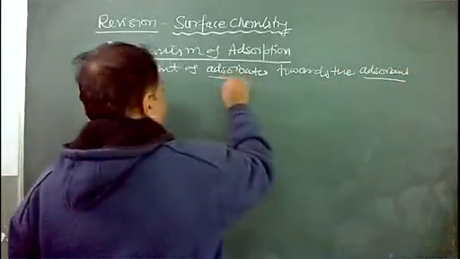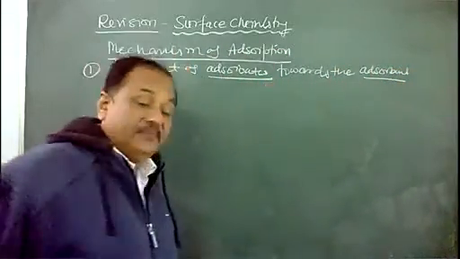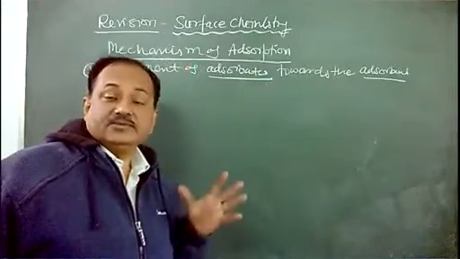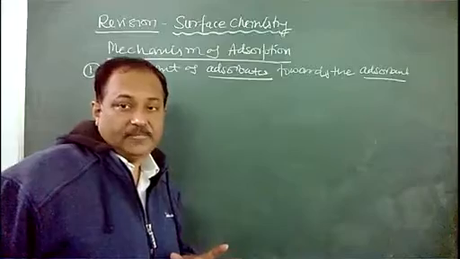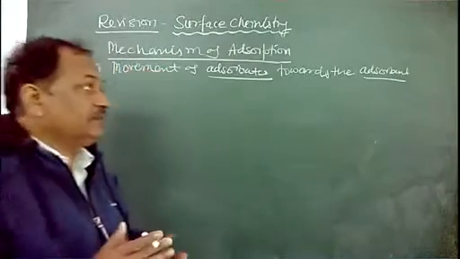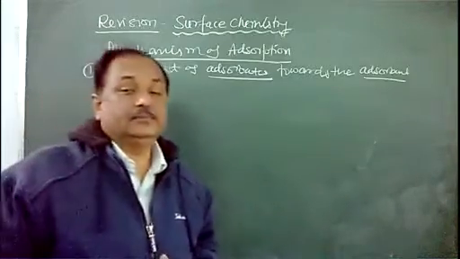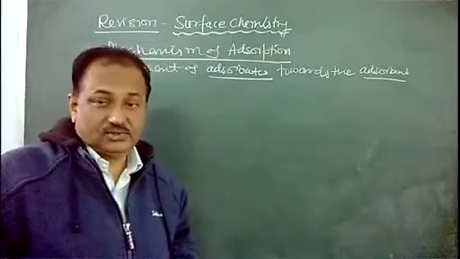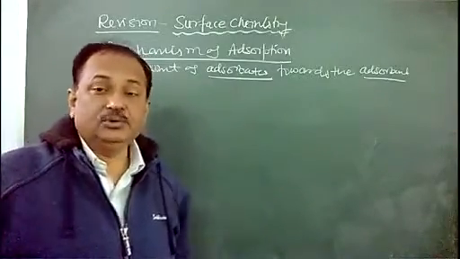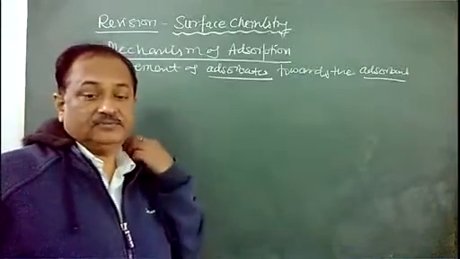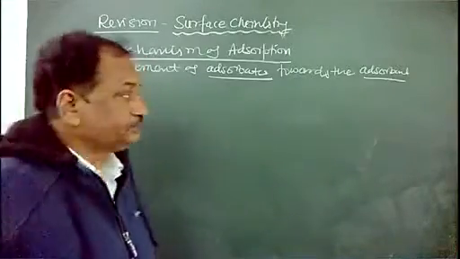Movement of adsorbates. In this, the substance to be adsorbed moves toward the adsorbent. Because adsorbents are always bulkier, always heavier, so they cannot move. Actually, the reactants have to move toward the surface of the adsorbents.